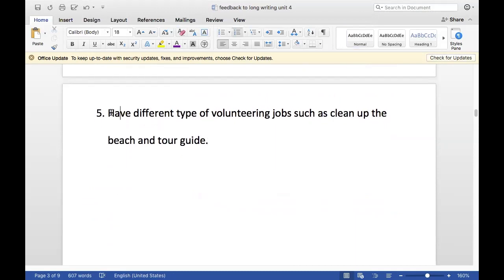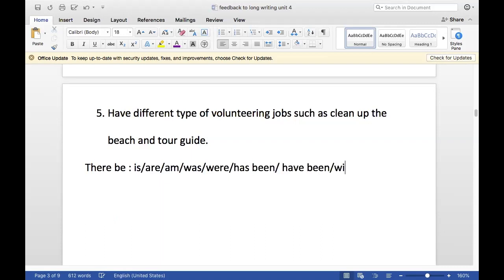Question 5. You start a sentence with have, definitely wrong. In Chinese, whenever you want to say have something, you have to say 有一啲嘢. You have to say there be, right? There is, there are, there was, were. Jot this down, please.